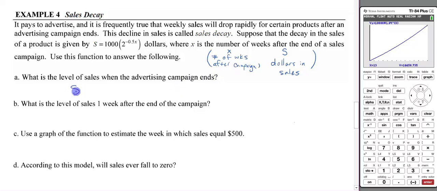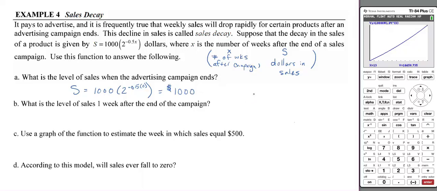So we are taking 0 as our input in place of the x, and that makes that exponent 0. 2 to the 0 is 1, times 1,000 is $1,000. So the level of sales when the advertising campaign ends is $1,000.